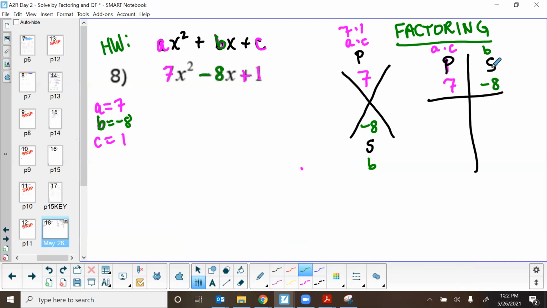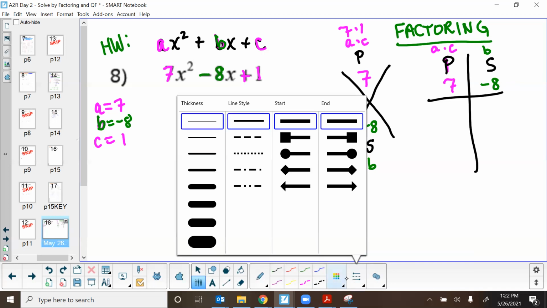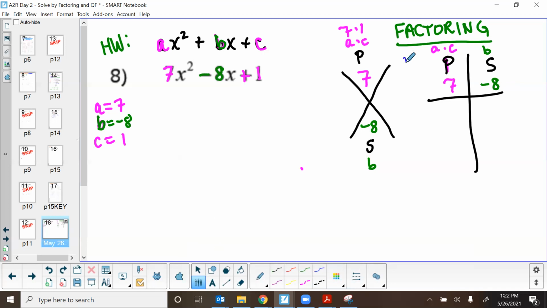And something to think about is how can you have two numbers that multiply to be a positive and add up to be a negative? So that is an important thing to note that they're going to be both negative. Because a negative times a negative will be a positive, but a negative plus a negative will give me a negative.